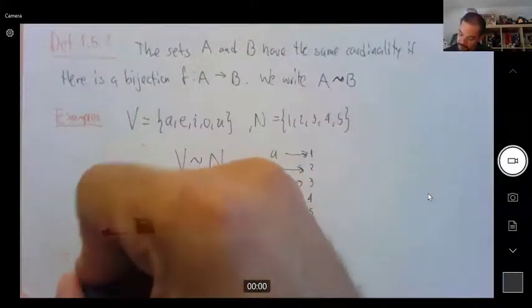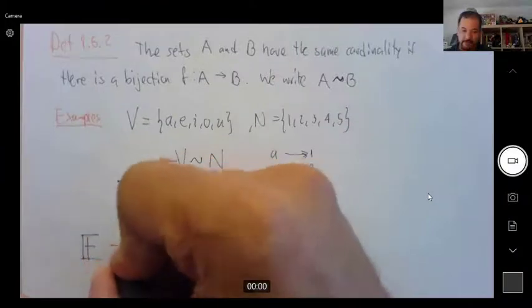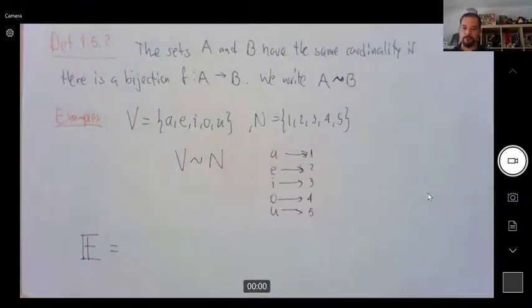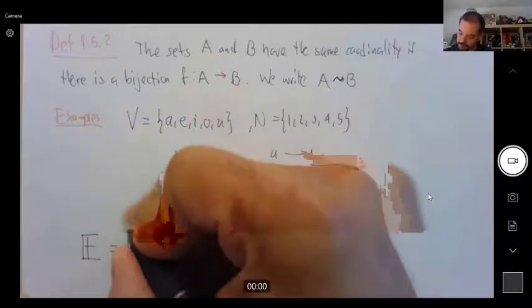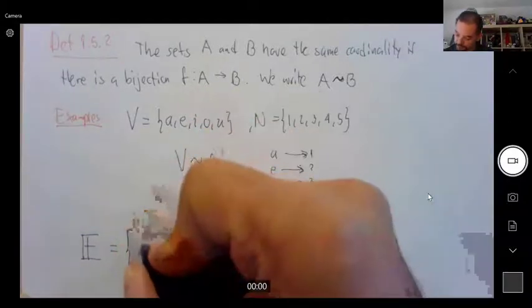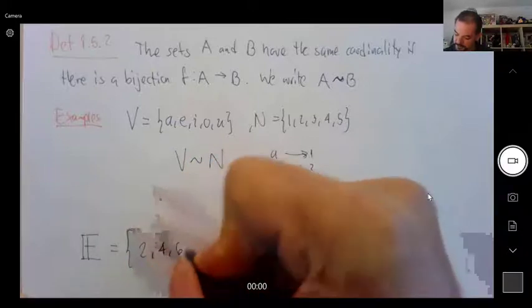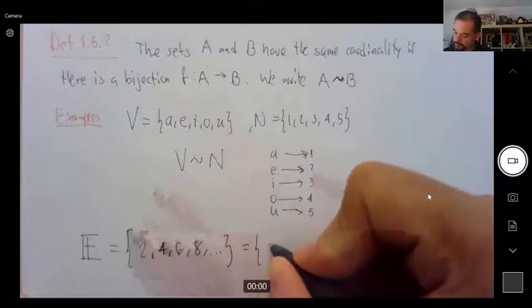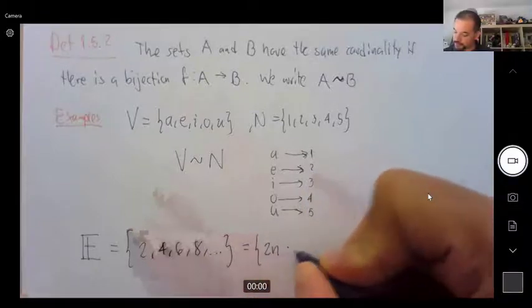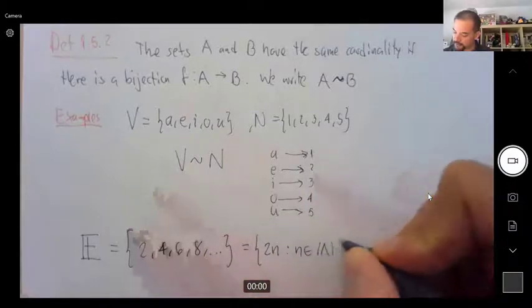So let me introduce to you this set, blackboard bold letter E. These are going to be the even positive numbers. So 2, 4, 6, 8, etc. Formally, the numbers that you can write as 2n, where n ranges over the natural numbers.